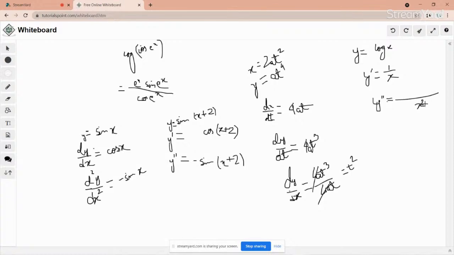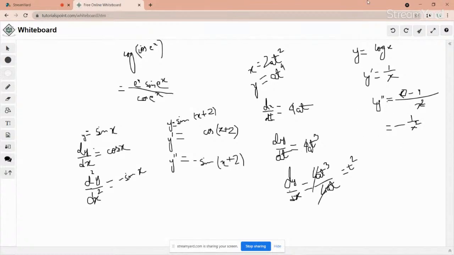So again it will be, one is a constant, so it will be 0 first term minus this one will be 1, minus 1 by x square. So this is how you have to do.